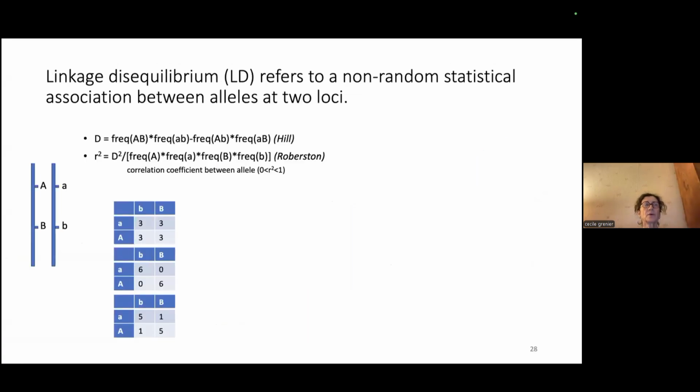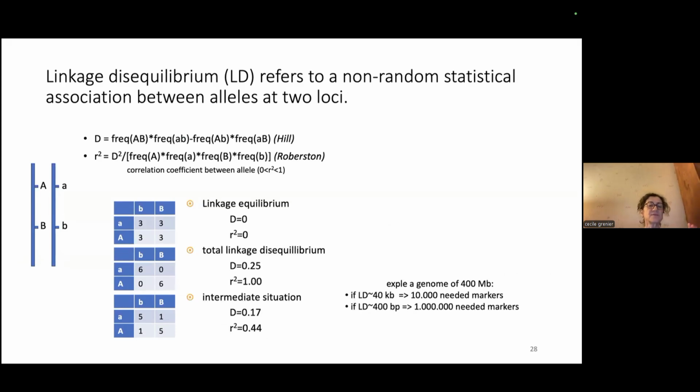If you are aware of the concept of linkage disequilibrium, it refers to the non-random statistical association between alleles at 2 loci, which basically means that locus A and locus B will always segregate together in a progeny. It is defined by 2 indicators, D and r, which are basically 2 different formulas that are pretty much correlated.